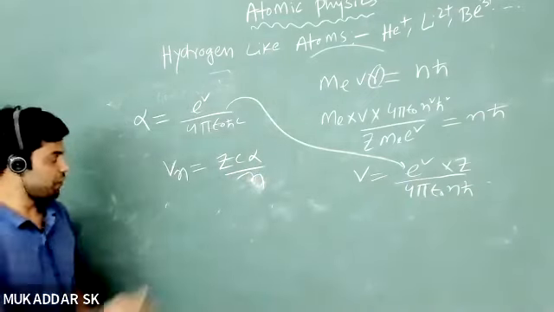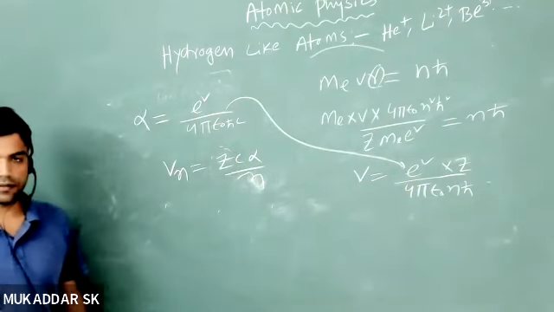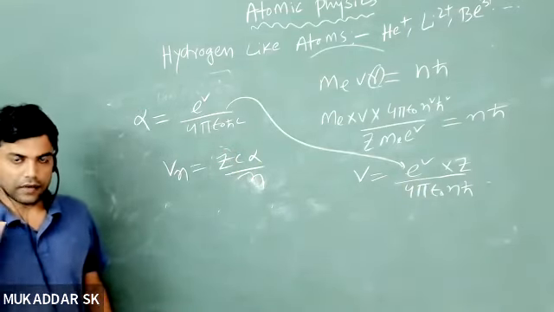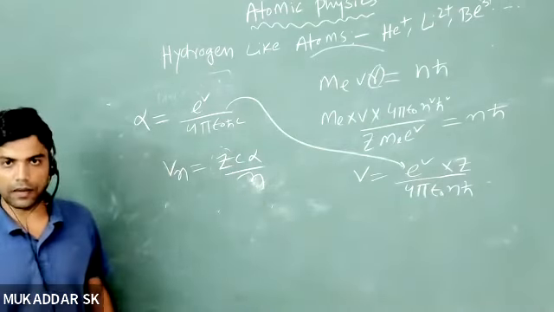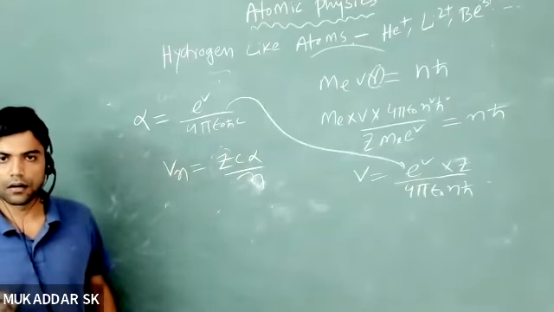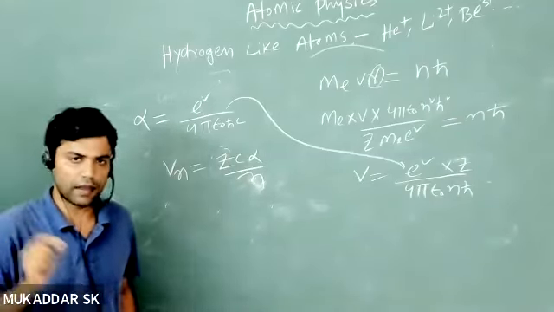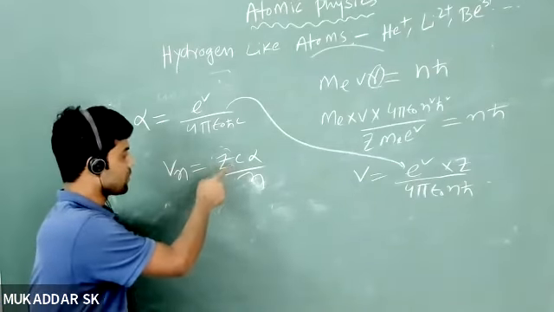Okay, so you see that the extra factor is coming. So for helium plus, that speed will be high. For the same n, if you take hydrogen atom and helium ion, then for n equals 1, which one will have higher speed? Helium plus, right? Because for helium plus Z is 2.